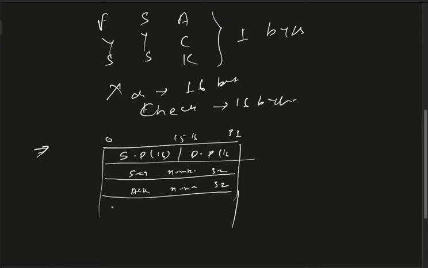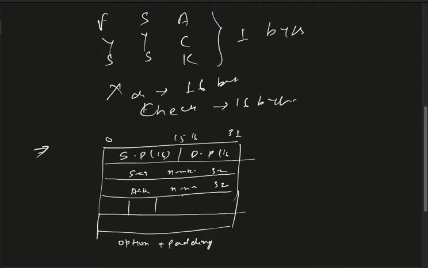Then there is option and padding, option plus padding. Checksum. Data offset, reserved.